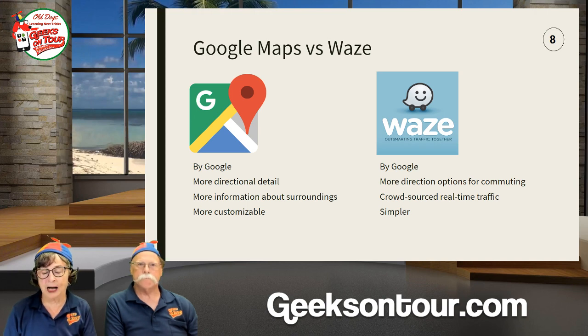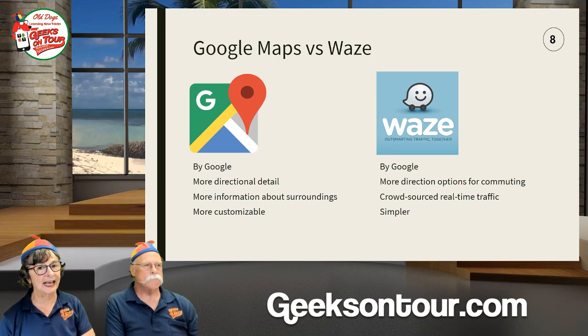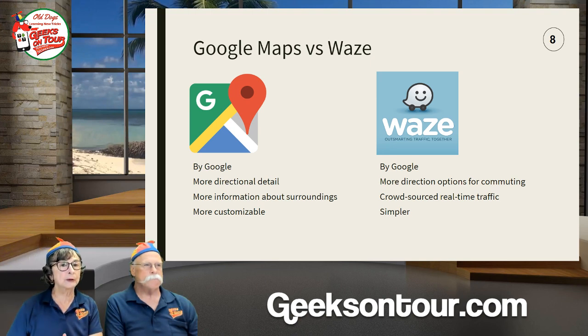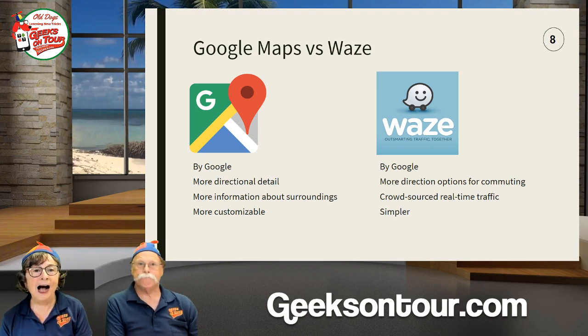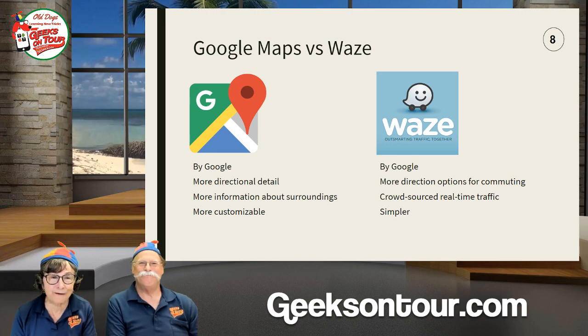When we come up to a turn, Google Maps will say, use the right 2 lanes to turn right onto the North 162nd freeway. And Waze just says, turn right ahead. Turn right ahead.